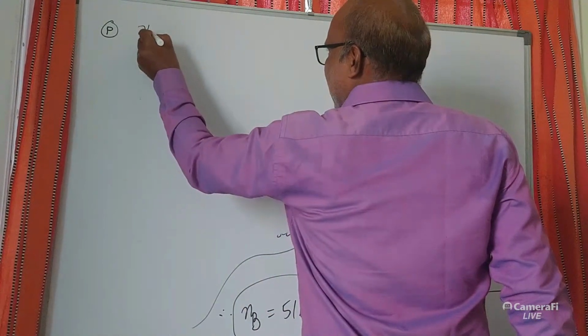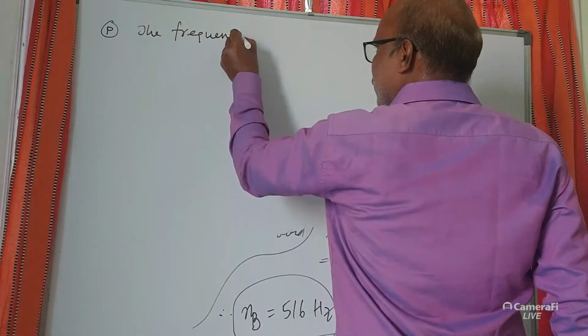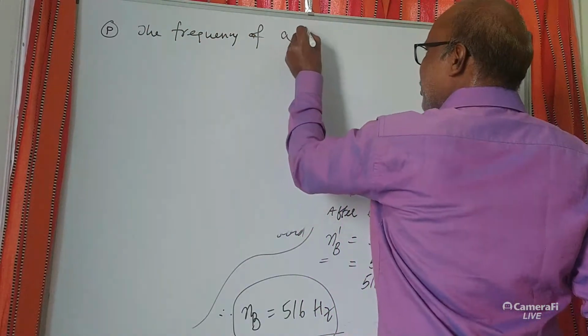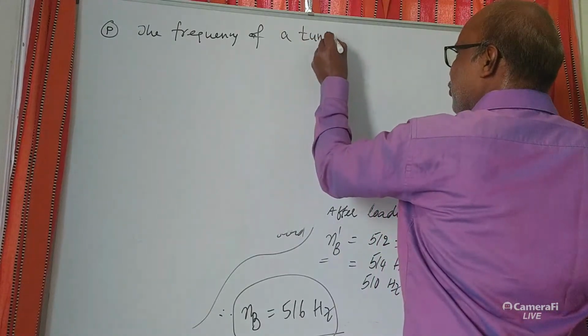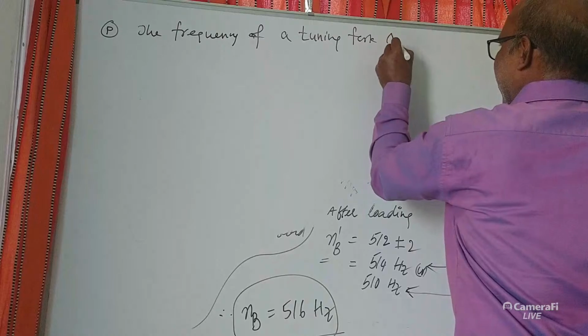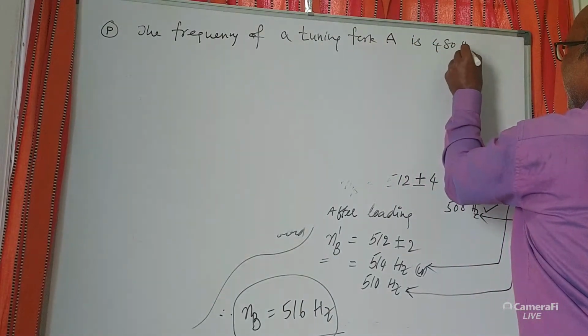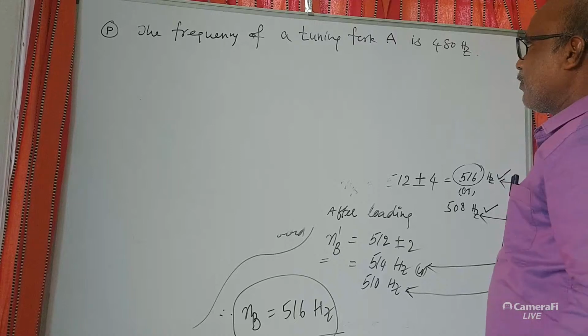The frequency of a tuning fork A is 480 Hz.